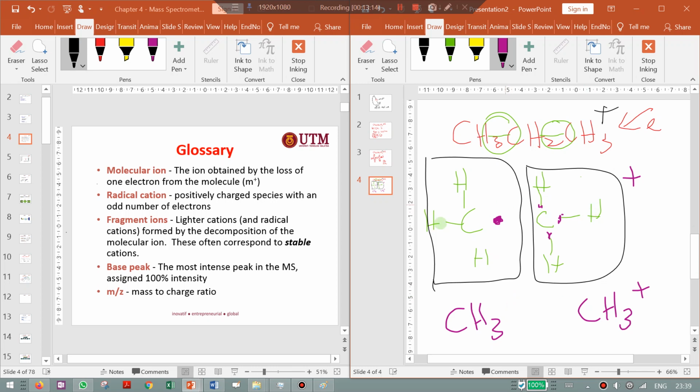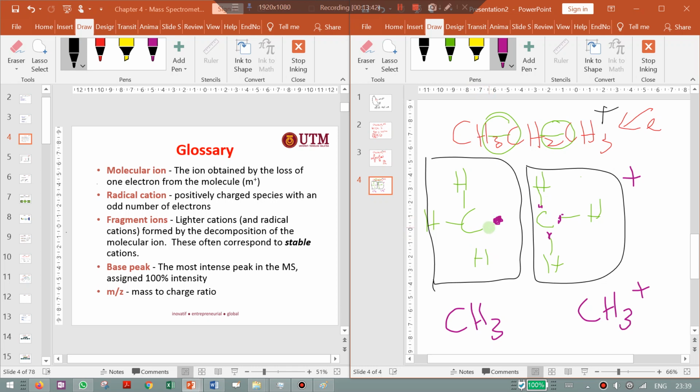In mass spectrometry, a radical refers to a part of the molecule that has an extra electron in the valence shell. I'll repeat again: in mass spectrometry, the radical refers to the molecule that has an extra electron in its valence shell, waiting for bond formation.